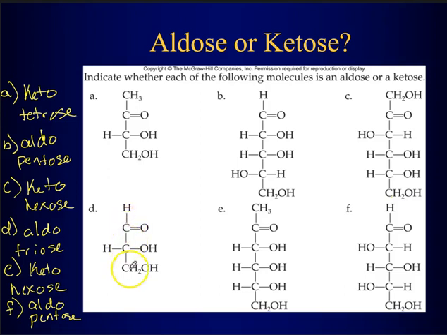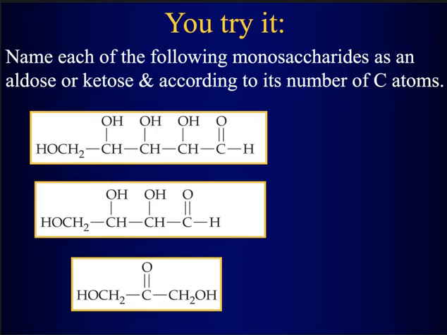Aldehyde with 1, 2, 3 carbons, so aldotriose. 1, 2, 3, 4, 5, 6 carbons with a ketone, so ketohexose. And 1, 2, 3, 4, 5 carbons with an aldehyde at the end, so aldopentose. Now technically that last line was only asking for whether it was a ketose or an aldose, but we named the number of carbons just for practice.